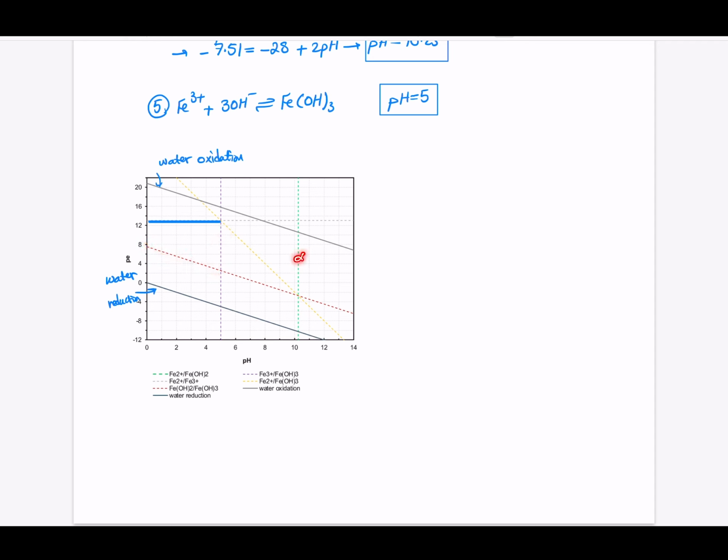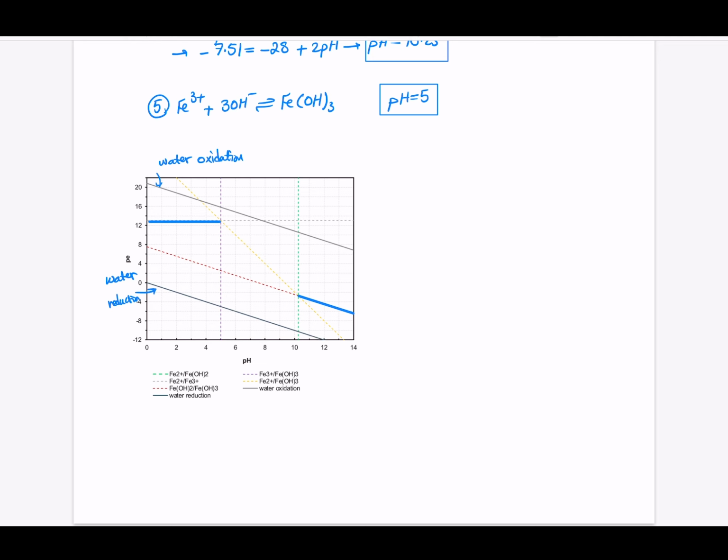But when we look at the green line, we see that the green line has Fe2 plus region and FeOH2. So this line, which has nothing to do with Fe2 plus, cannot be in the region of Fe2 plus. So this part of the red line also goes away. So the only part that stays is basically this part. And this would be this part so far.